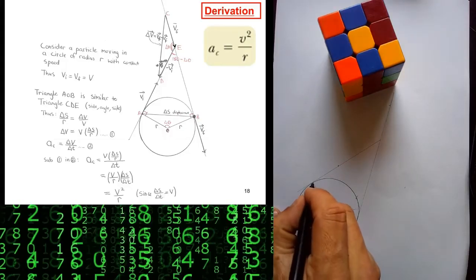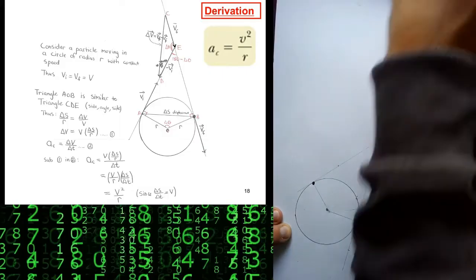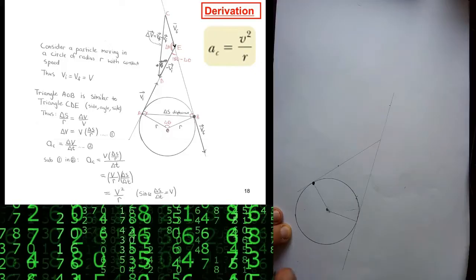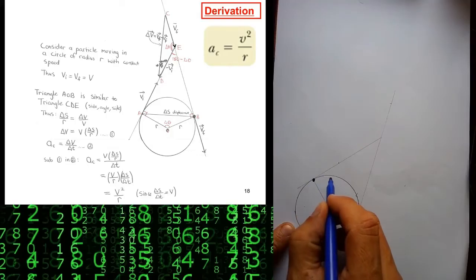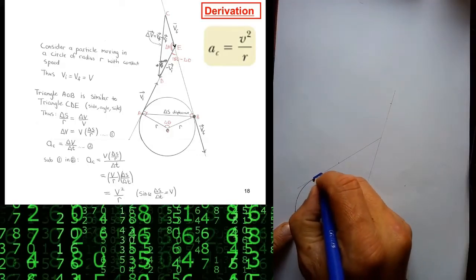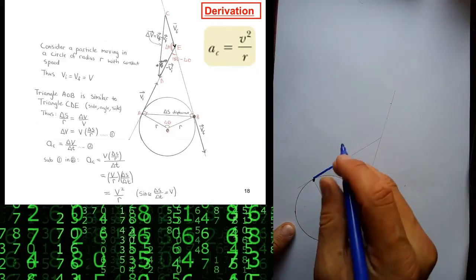So in terms of the particle moving, we have the particle moving in a circle. Initially it would be at this point shown here, and remember we spoke about how the particle moves tangent to the circle. So if our particle is rotating clockwise, then at this time it's going to have a velocity vector which points in this direction.